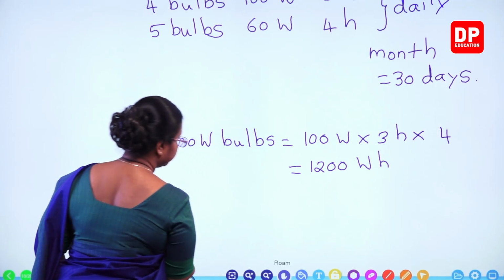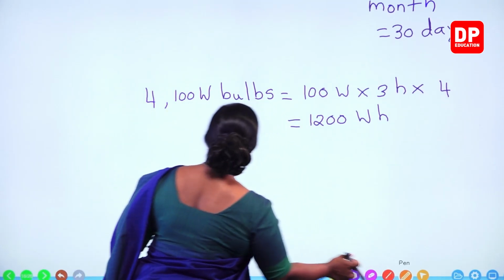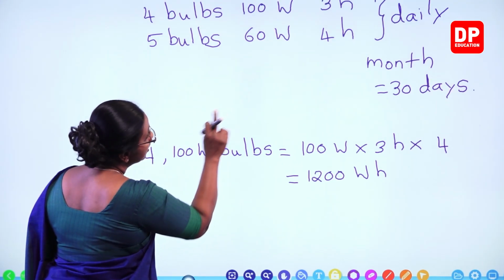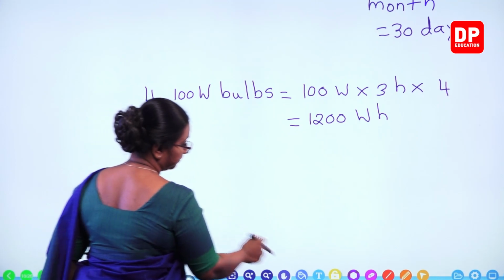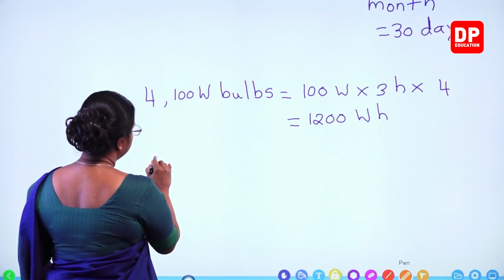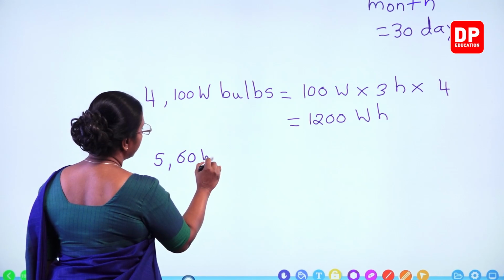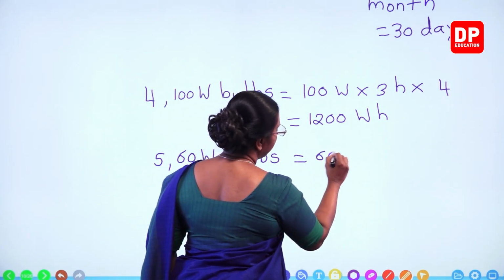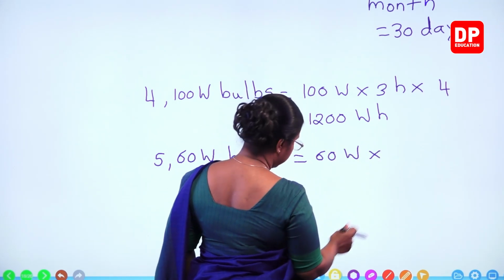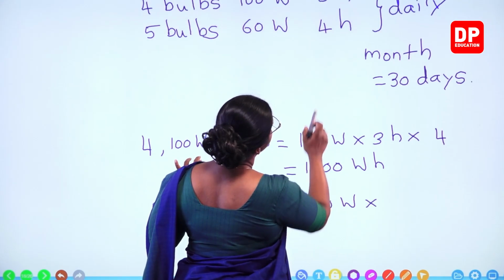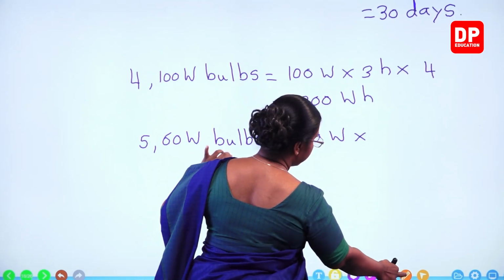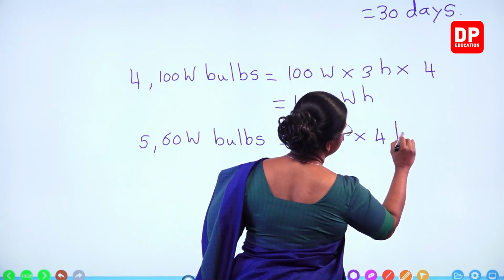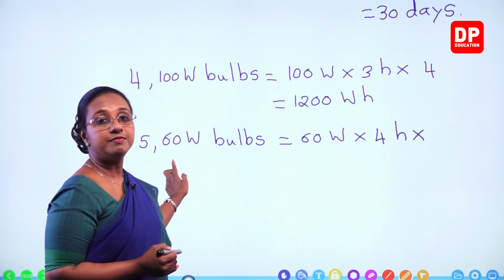Then we have, you can check here, 5 bulbs, 60 watts and 4 hours per day. 5 60 watt bulbs. So 60 watt power, and each bulb, just to confirm, is used for 4 hours per day, and there are 5 such bulbs.